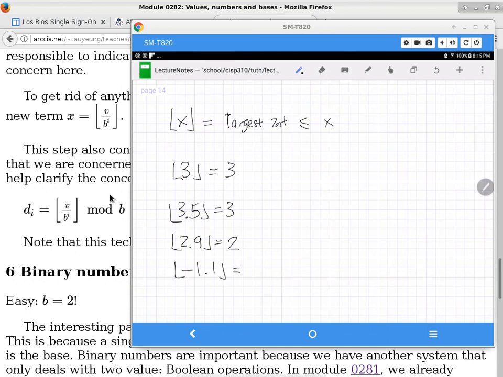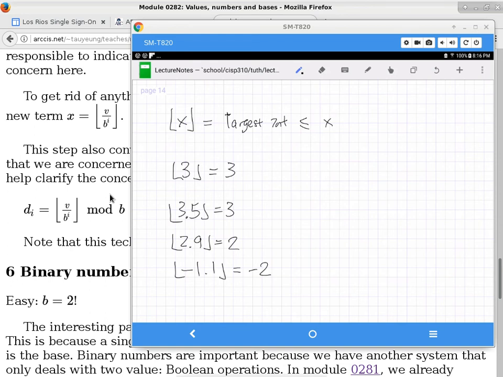Negative 2. Okay, not negative 1. Because negative 2 is the largest integer that is less than negative 1.1. Okay, so that's why I said it's not rounding, nor is it truncation. Depends on the sign of the value.